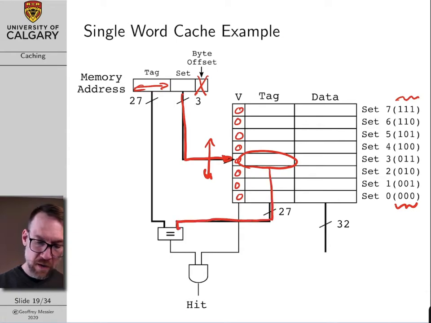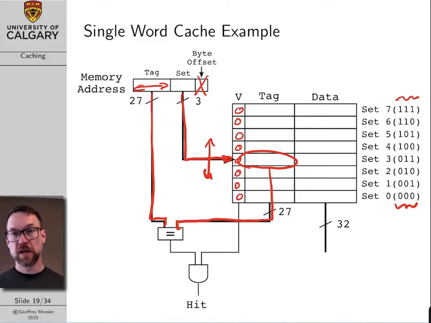So we compare the 27 most significant bits of our current address with the 27 tag bits that are stored in our cache location. If they're the same, that means that this word already exists in cache and we potentially have a hit. If they're not the same, then we have a miss.